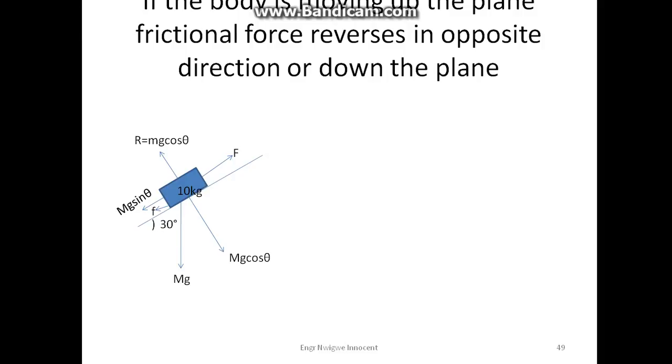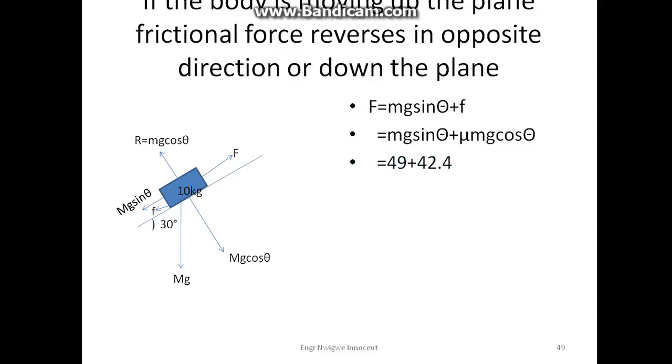Now the force required is equal to mg sin theta plus the resisting force, mg sin theta plus mu times mass times gravity cos theta, which is equal to 49 plus 42.4, giving us 91.4 Newton.